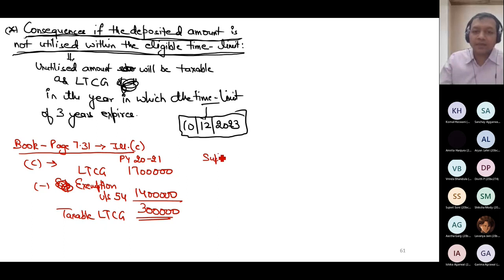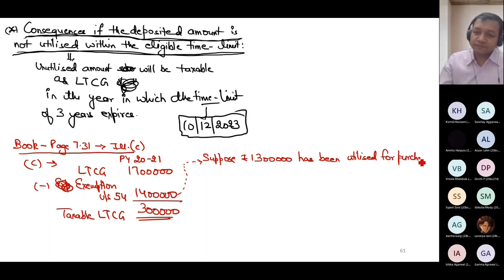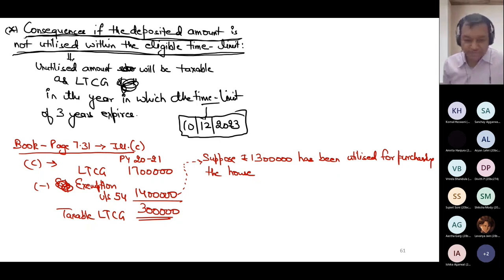Suppose out of 14 lakh, 13 lakh has been utilized for purchasing the house.